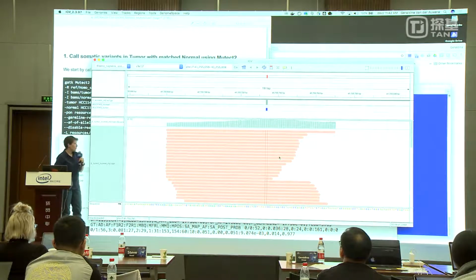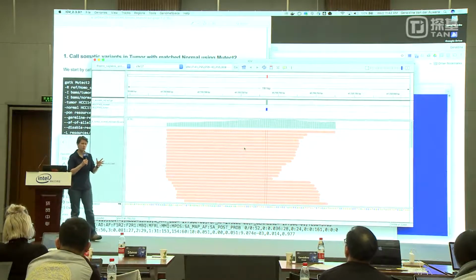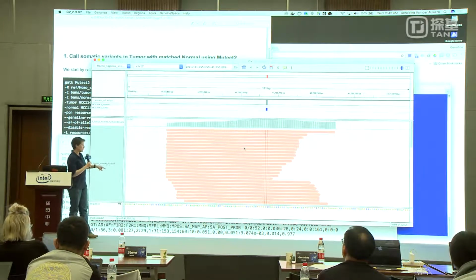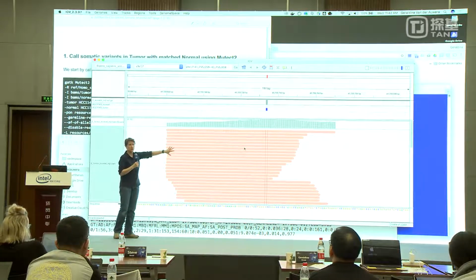Now that's one way to look at it, but if you recall, and maybe this is troubling you, my file is a tumor-normal layout. So who do these reads belong to? Do they belong to the normal or to the tumor?